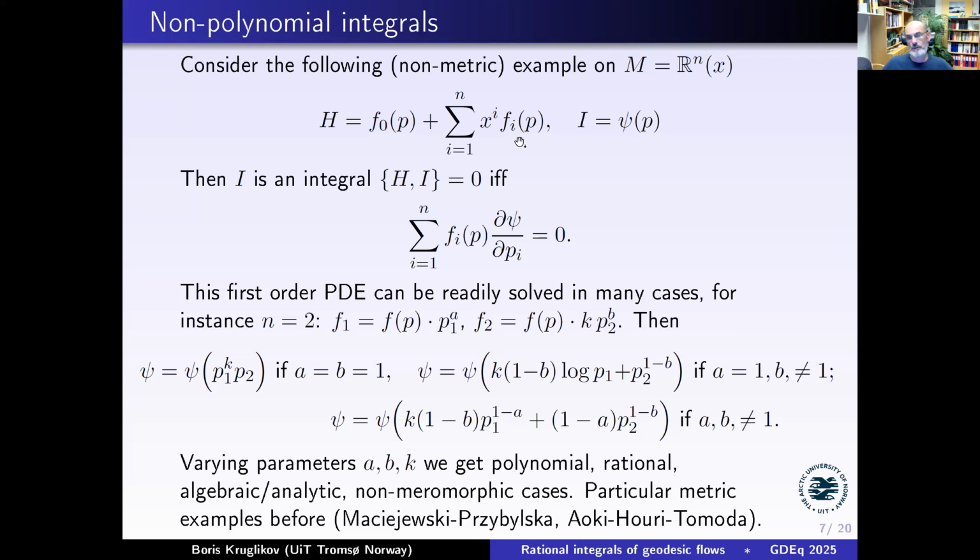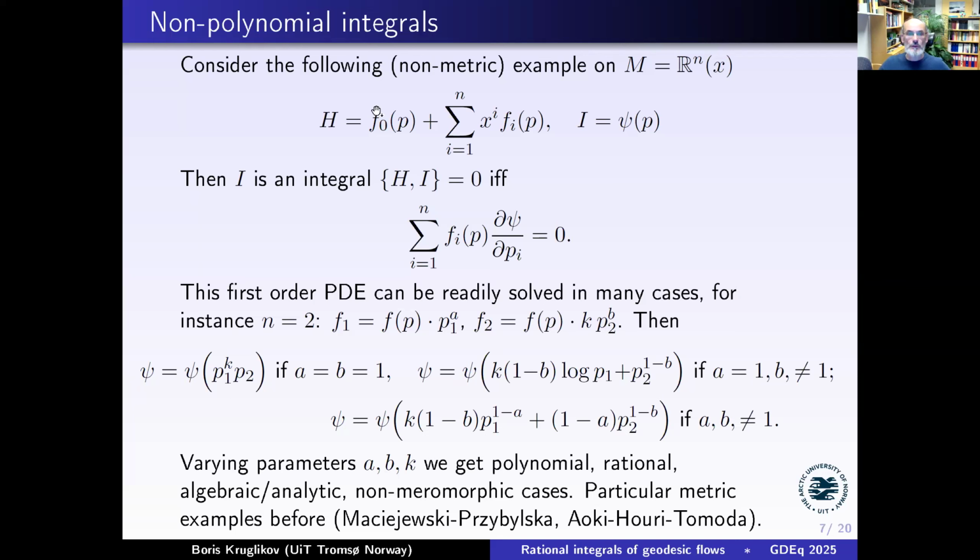But it is also possible to convert it by certain tricks to usual geodesics. So particular metric examples before, for those cases which I said p0 quadratic, p1 linear, p2 linear, were considered by Maciejewski and Przybylska, and later, but it actually looks like a special case of the Aoki-Kurito model.